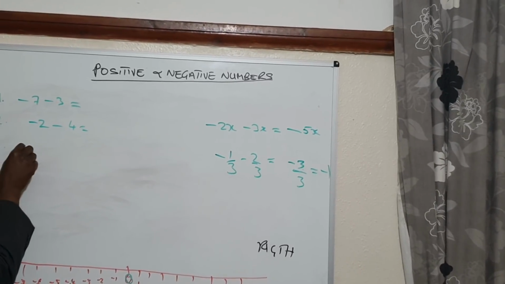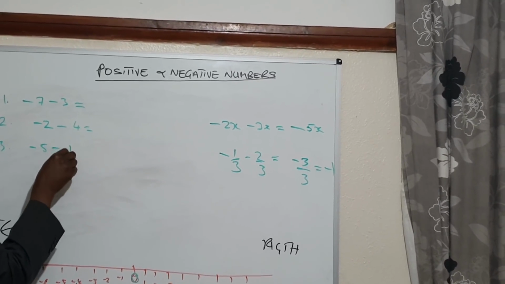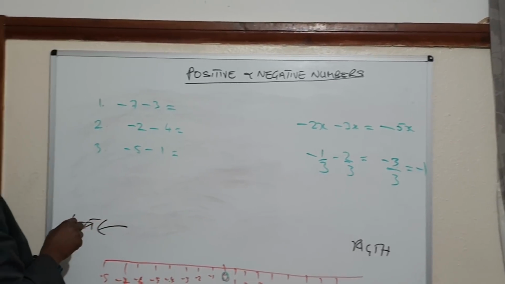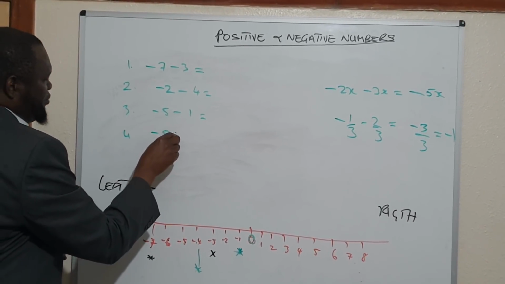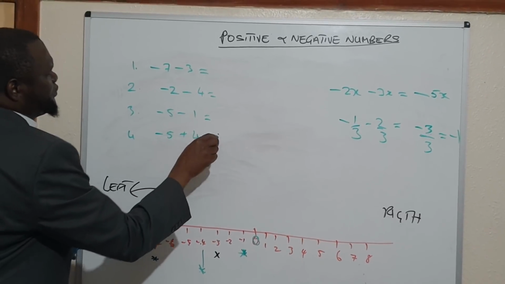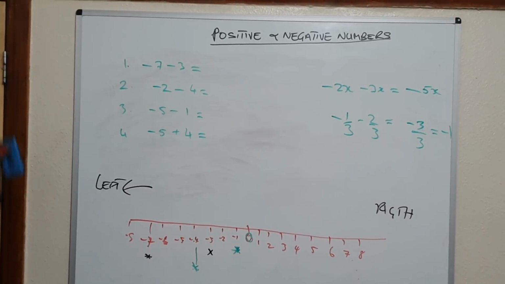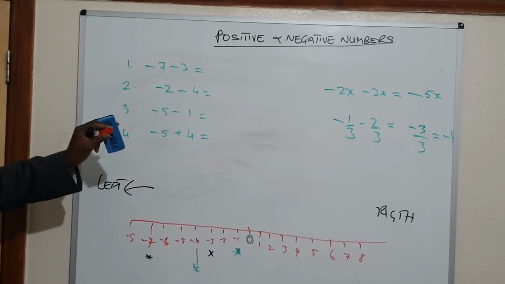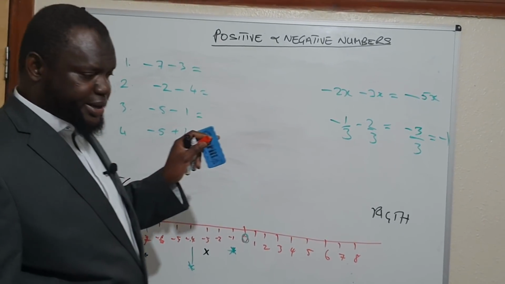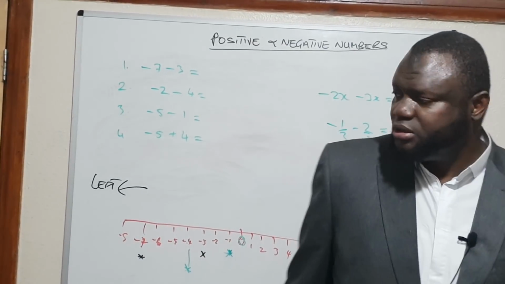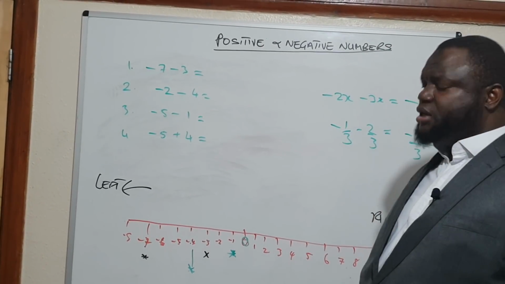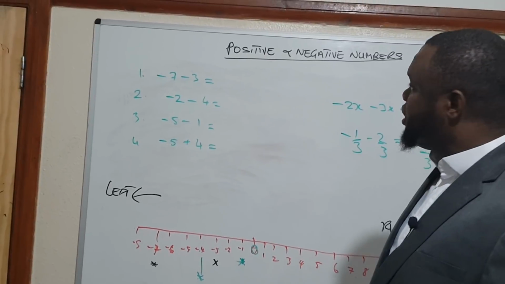Number 3, minus 5 minus 1. Number 4, minus 5 plus 4. Now tell me, in which of them can you apply the sign of the bigger number? Check it out. Yeah, question 4. Why? Because it involves minus and plus. Can you use this?